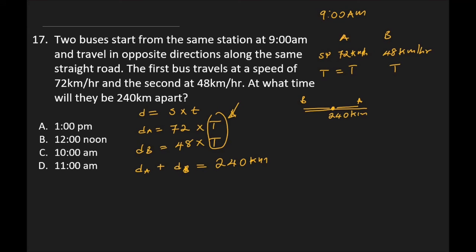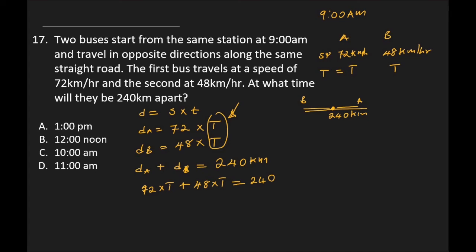Don't forget, A distance is 72 times the time, plus the distance by B is also 48 times the time, and this should be equal to 240 kilometers.